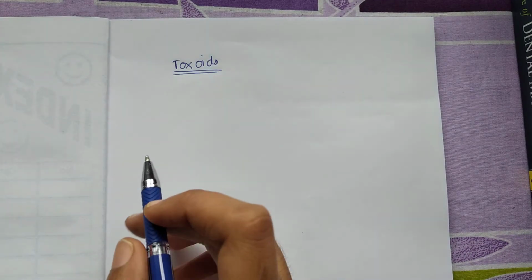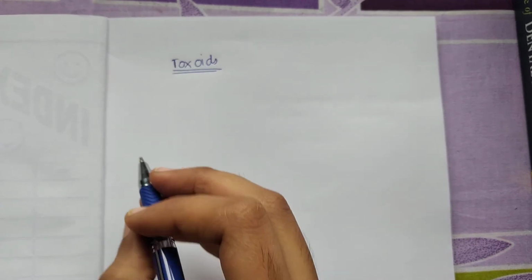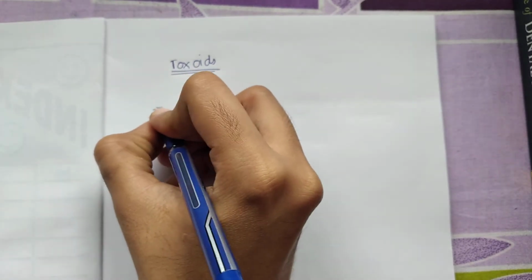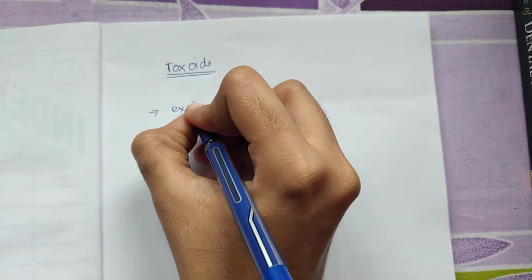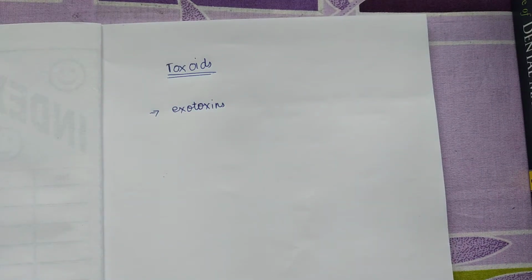Certain microorganisms will produce exotoxins. An exotoxin is a toxic substance synthesized by a bacterium which damages the host cell.